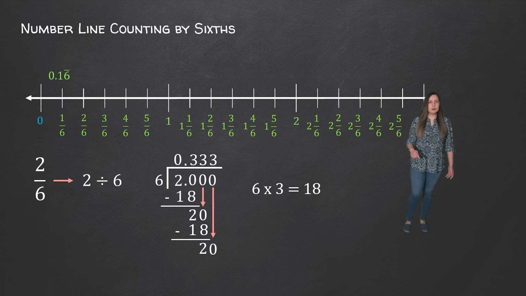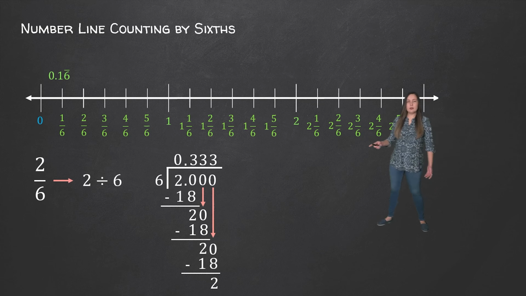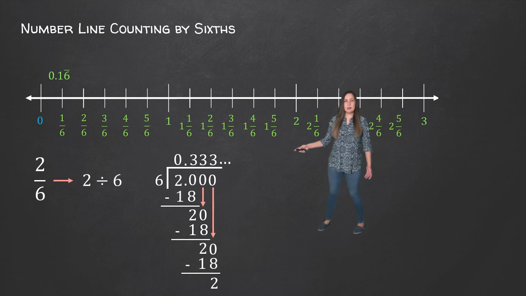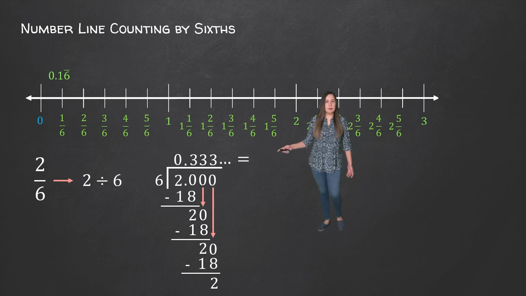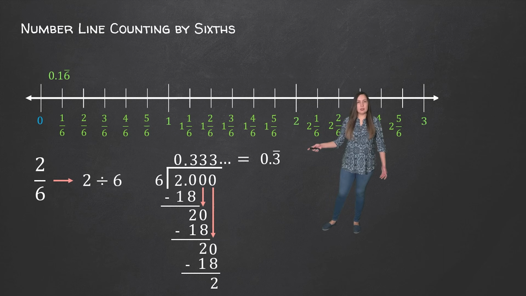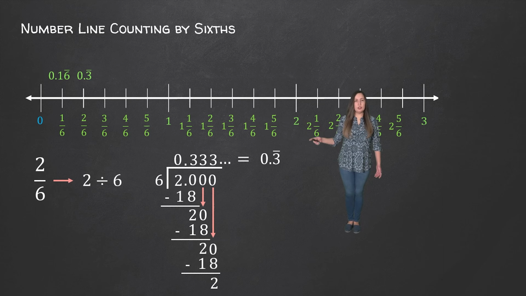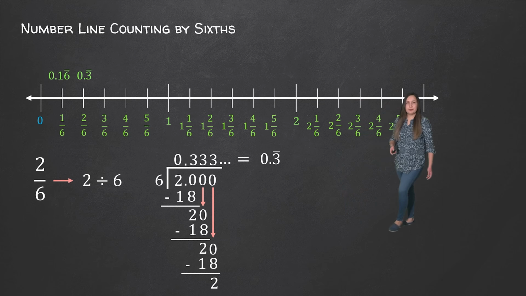And then if we do 20 minus 18, we're going to get a remainder of 2 again. So this is a repeating decimal. And in this case, the 3 keeps repeating. So we're going to write that as 0.3 with a line over the 3 to show that it's going to keep repeating. And then over 2 over 6, we're going to write the decimal equivalent.